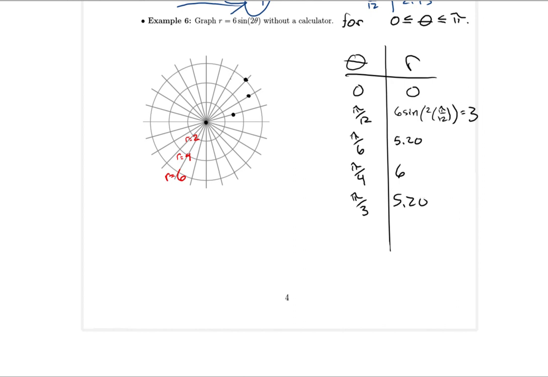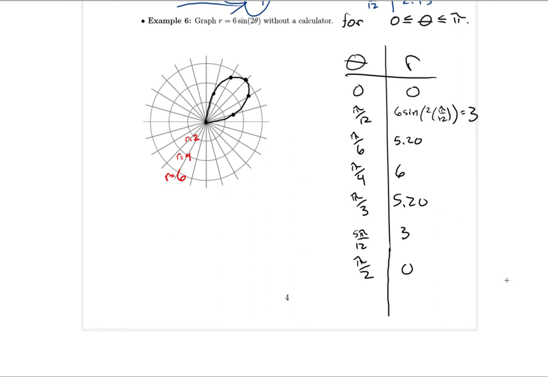So now I'm back down here. And then when I go 5 pi over 12, I get 3. And then when I do pi over 2, I'm back to 0 again. So it seems like what happens is I have this, maybe we'll call it like a flower petal or something like that.